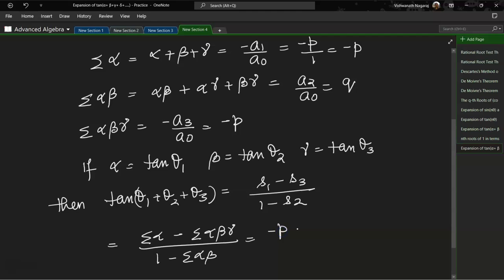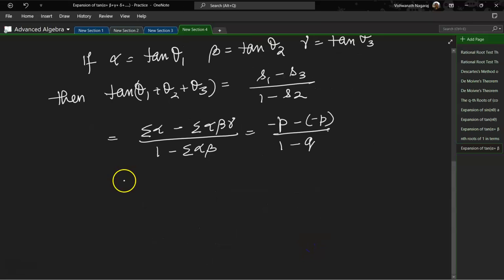Minus p. Summation of alpha beta gamma is minus p, right? So minus p plus p by 1 minus summation of alpha beta, that is q. Okay. Let's simplify that. Minus p plus p by 1 minus q, which is equal to 0.